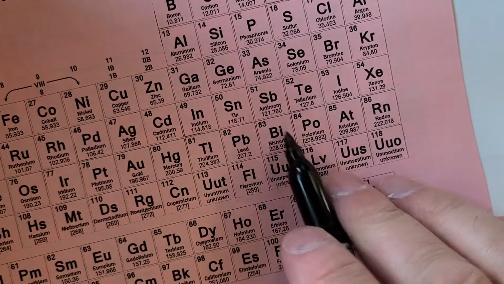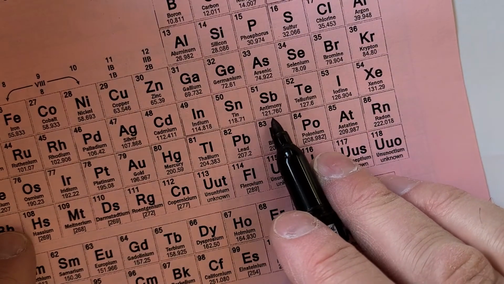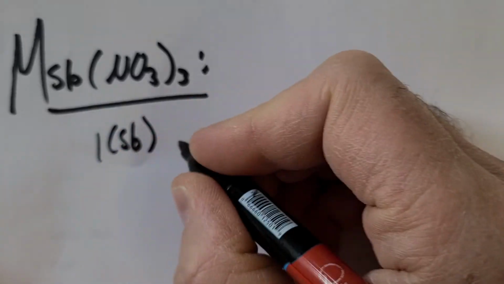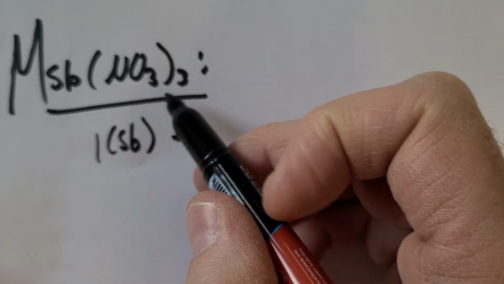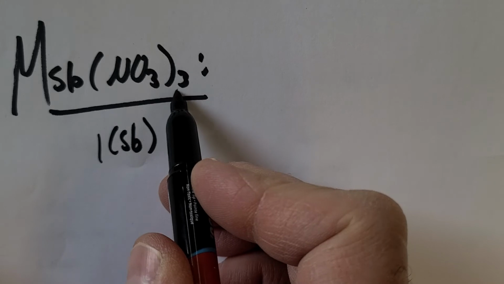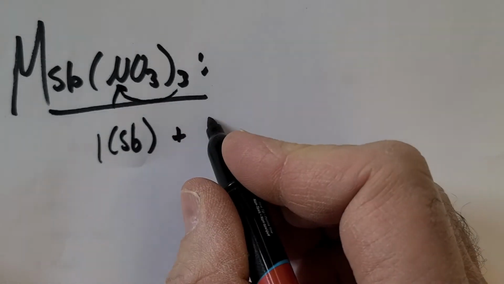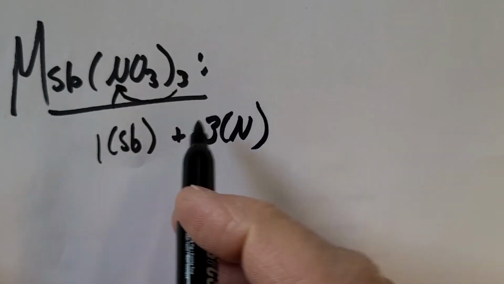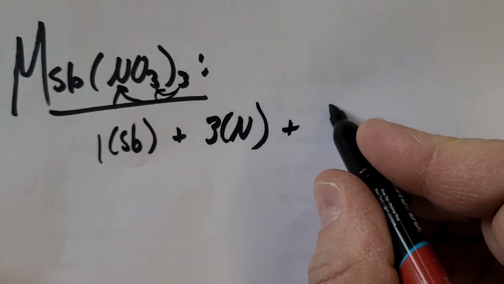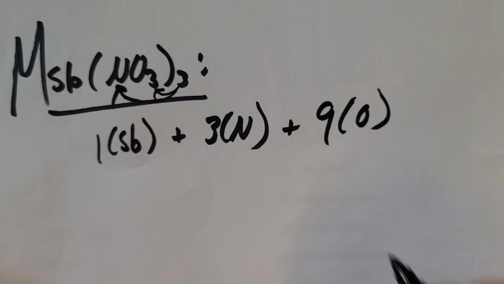So Sb, antimony there is 121.76. Oh, let's write this out first. Now over here, so the reason why I did this one is you can see here we have 3 of these nitrate groups. So that means I have 3 nitrogens. And then 3 groups of 3 oxygens. That's a total of 9 oxygens.